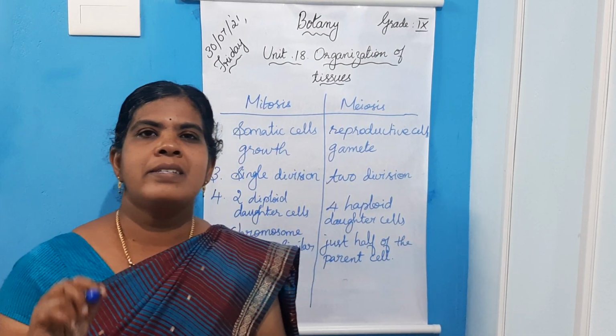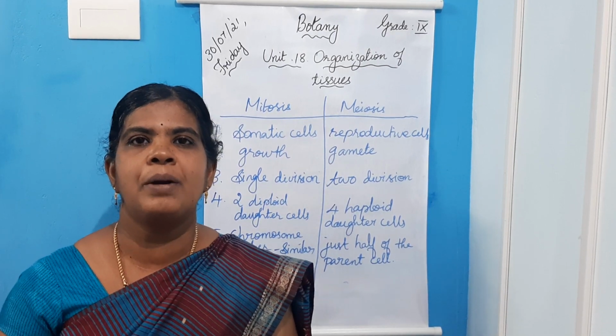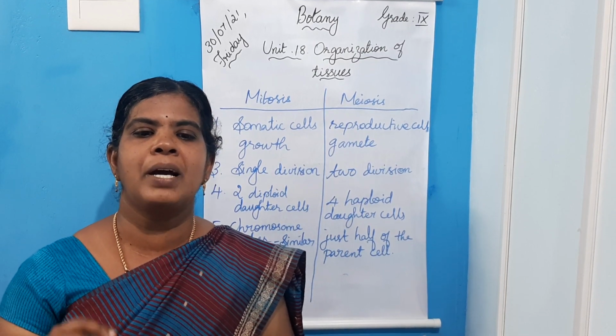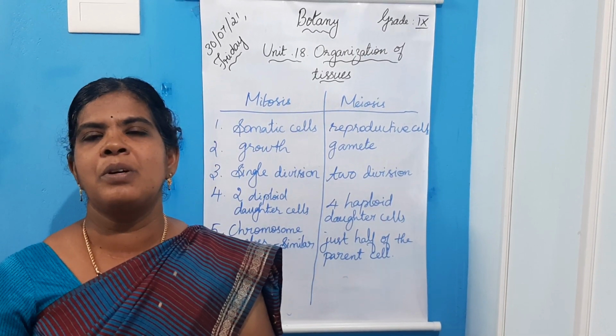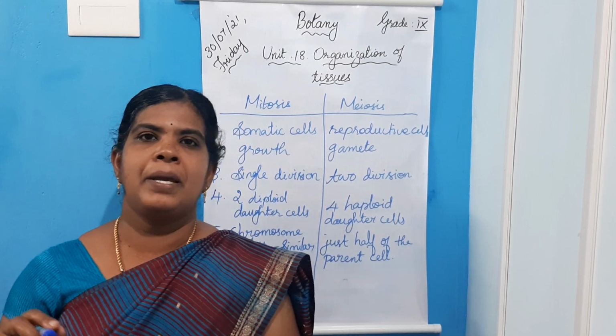Then the last difference is that identical daughter cells are formed from mitosis. What about meiosis? Daughter cells are not similar to the parent.